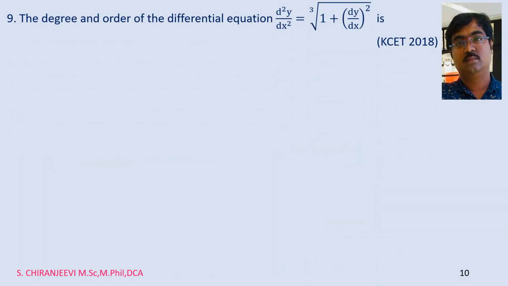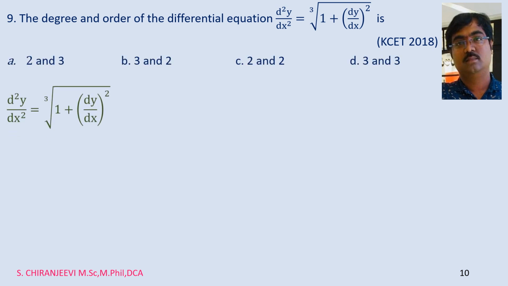Now the next question, the degree and order of the differential equation d square y by dx square equal to cube root of 1 plus dy by dx whole square is, which is asked in the year 2018. Options are given below. Given d square y by dx square equal to cube root of 1 plus dy by dx whole square.